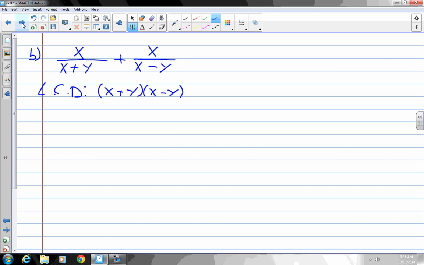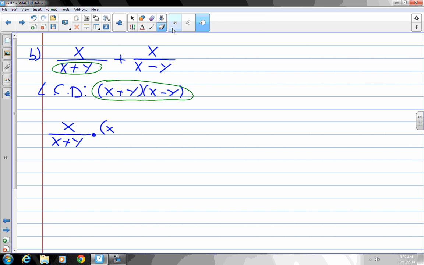So without drawing the table, what is missing in the first denominator? You compare the first denominator with the LCD, what is missing? x minus y. So that means I have to multiply my first fraction by x minus y over x minus y. This will accomplish the same denominator. Right? I'm multiplying by 1. This whole expression equals 1.